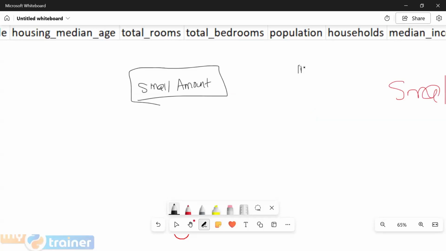Let's take a typical example of 1 million, meaning 10 lakhs. 10 lakhs of data is required to train machine learning models. But every time, do we get 1 million of data from the client? No, because the client says, hey, I don't have 1 million of data. I have only some 2 lakhs of data. That is the data I have for my business. From where should I get the new 8 lakhs of data for you?